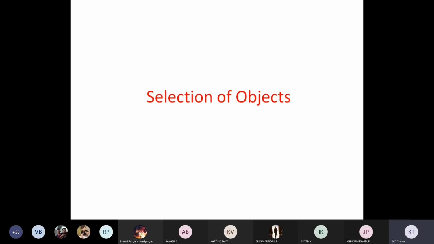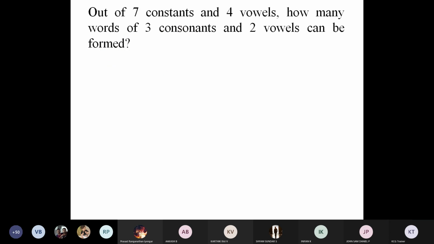So first we'll deal with letters. How should the questions of selection of letters be solved? This is the question of selection of letters.